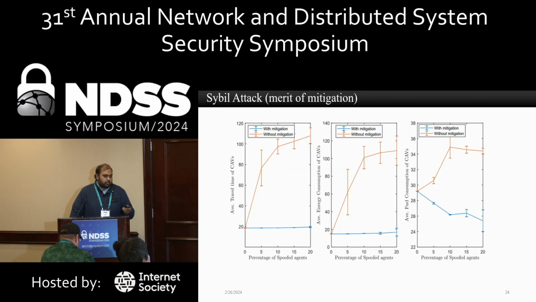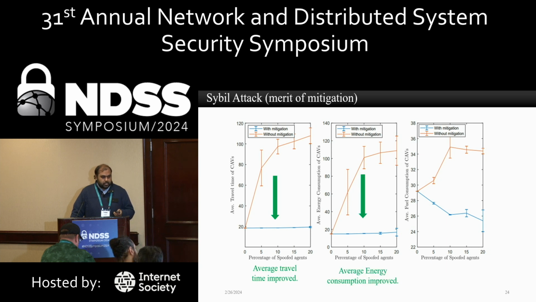Finally, I have some plots which highlight the merit of the framework. We have different percentages of spoofed cabs, and we compare our framework against three metrics: travel time, which as you see is improved, the energy consumption is improved, and also the fuel economy.